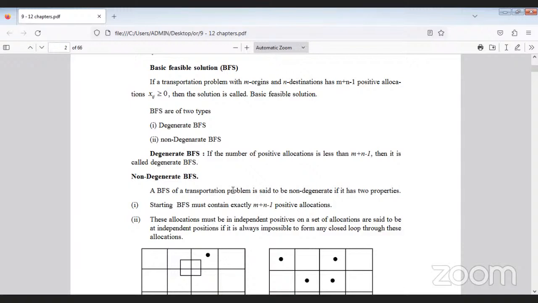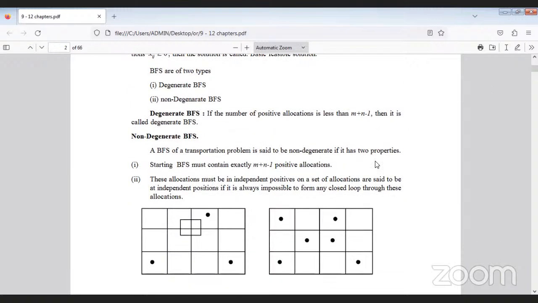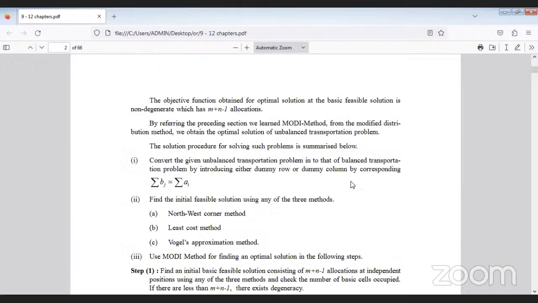That is, the BFS must contain exactly m plus n minus 1 positive allocations, and the allocations must be an independent positive set of allocations. The optimal solution of the basic feasible solution is non-degenerate, having m plus n minus 1 allocations.